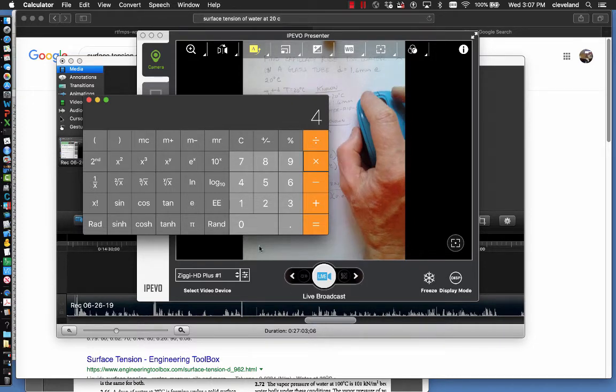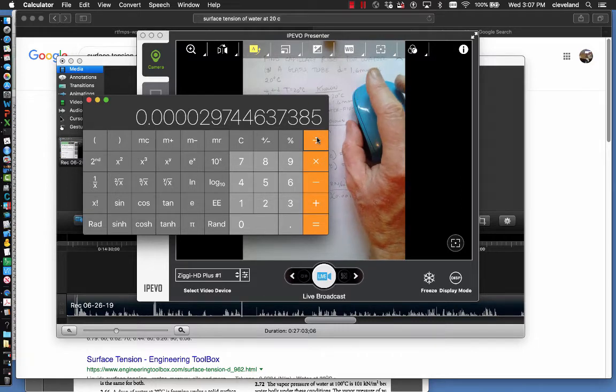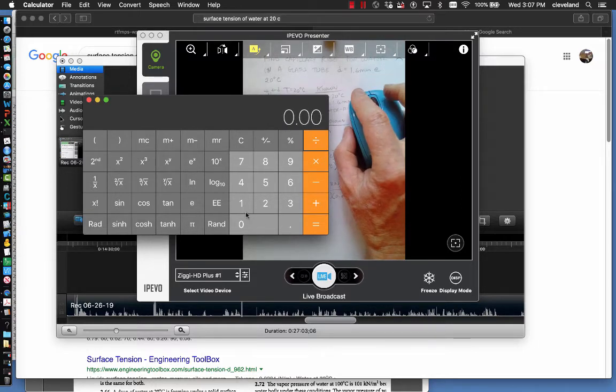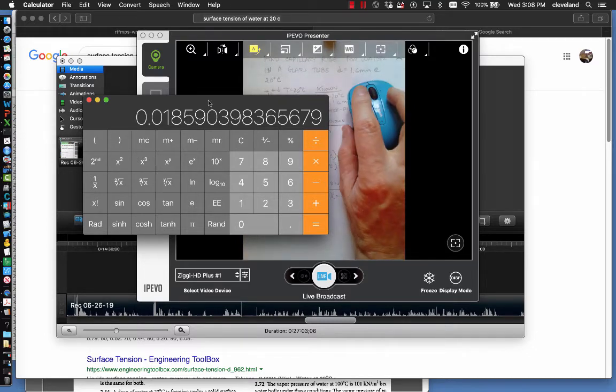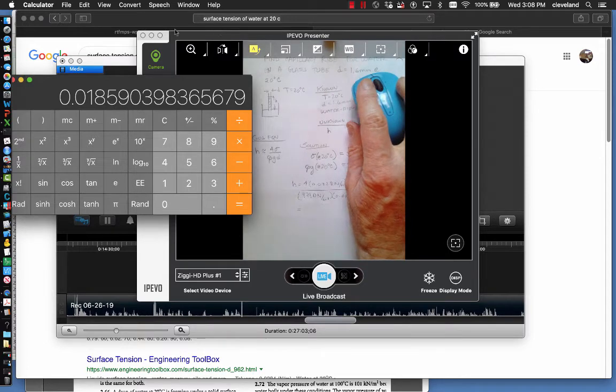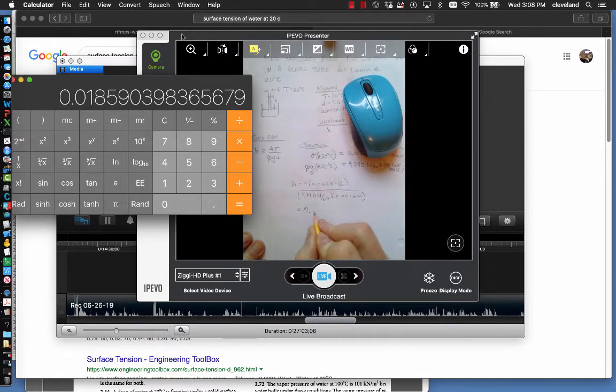4 times 0.0728 times 1 divided by 9790 divided by 0.0016 equals 0.01859 meters, which is 18.6 millimeters.